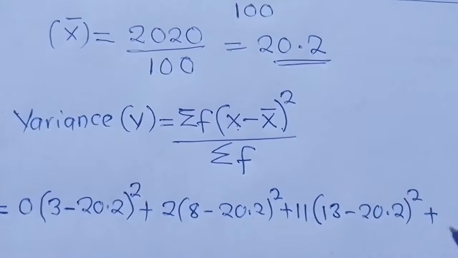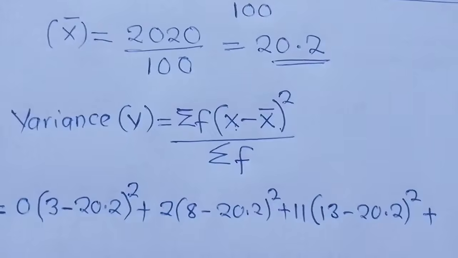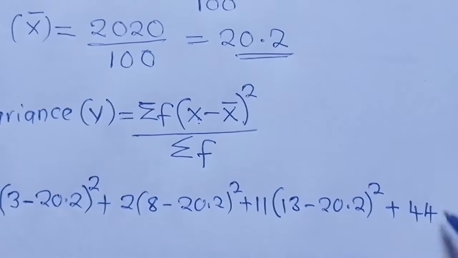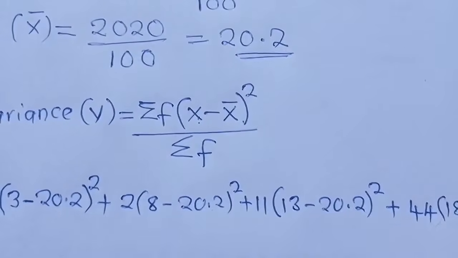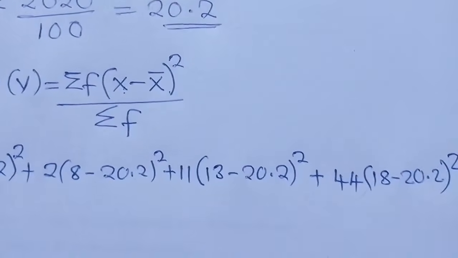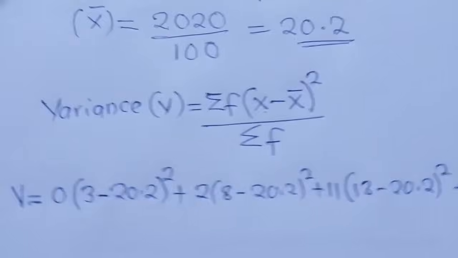Plus 44. So we move to 44. So we say 44 open bracket 18 minus 20.2 close squared. You finish like that. You continue plus, so just be going like that.